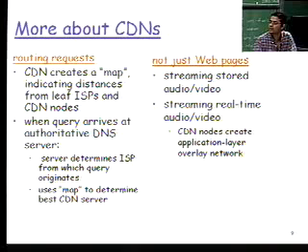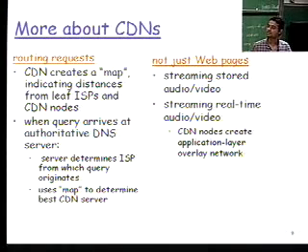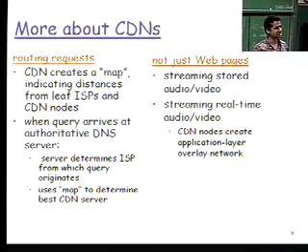So if the query is coming from a node at Columbia, this map will tell the CDN server, okay, this query has come from Columbia. So it will resolve www.cdn.com to www.cdn-columbia.com or something like that, to a machine which is local.